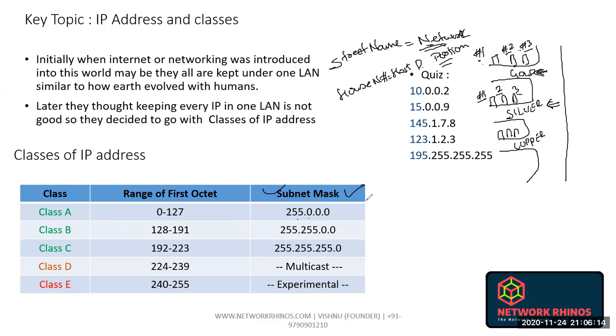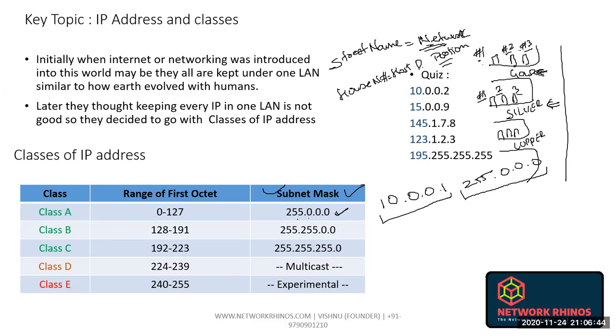Let's understand this technically. Imagine that I am giving an IP address 10.0.0.1, and the default SM mask is 255.0.0.0. This is my SM mask, this is my IP address. Whenever you configure an IP address on a computer, on a router, on a switch, you have to provide SM mask. Without providing SM mask, you cannot configure any IP address.